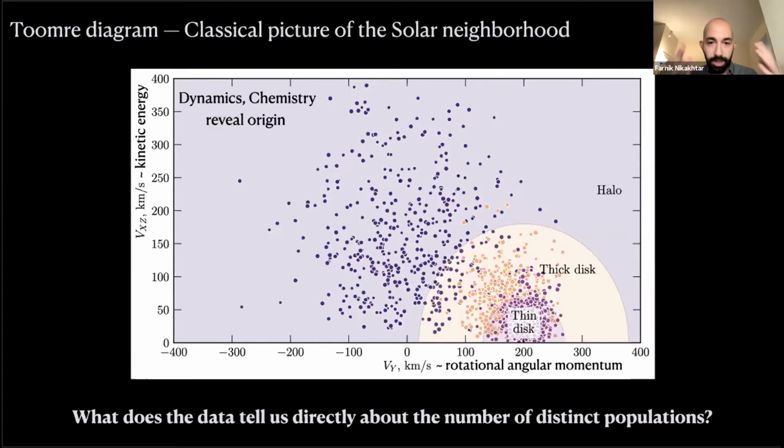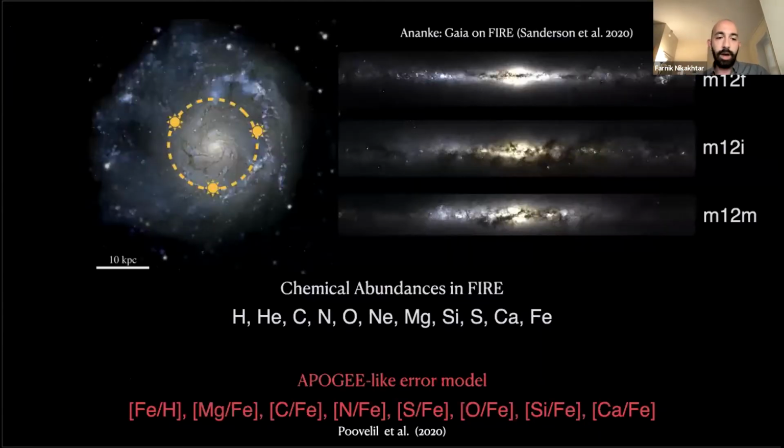Before talking about this GMM model, we need to know a few points about the simulations. The first thing is that we have 3 simulations. They're actually Ananke mocks, which are Gaia-like synthetic surveys. We have M12F, M12I, M12M, and in each of them we have 3 different solar positions. So technically we have 9 simulations, or 9 different solar neighborhoods.